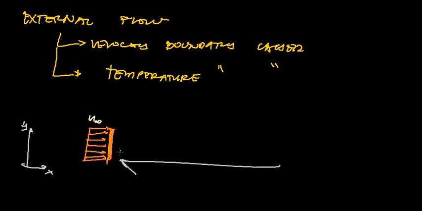So the moment the fluid stream makes contact here, as it flows through this flat plate, the fluid layer at the interface comes to zero velocity, what we call the no slip condition.